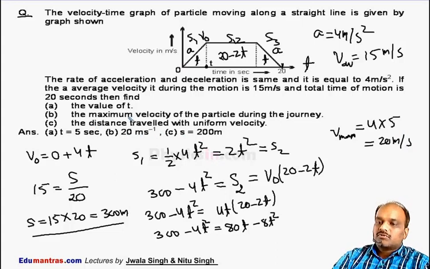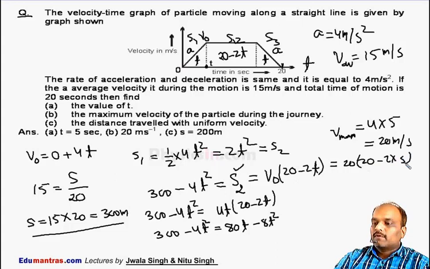The third is the distance traveled by the body with uniform velocity. So it is s2, which is equal to v0. We know v0 is 20, so 20 into 20 minus 2 into 5, that is 20 into 10, which is equal to 200 meters.